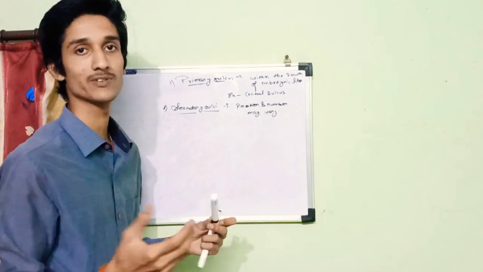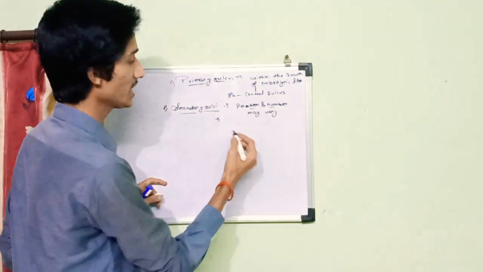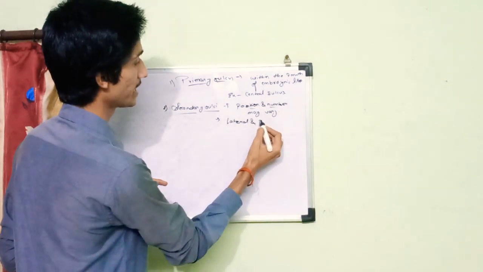It is the default structure, position and number. For secondary sulcus, we have examples mainly the lateral and parieto-occipital sulcus.